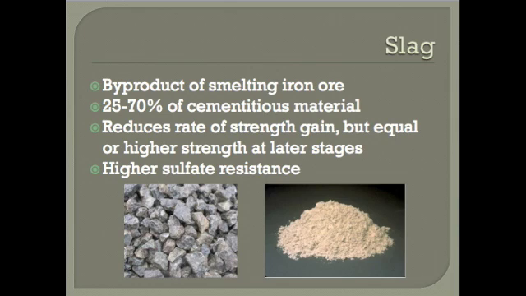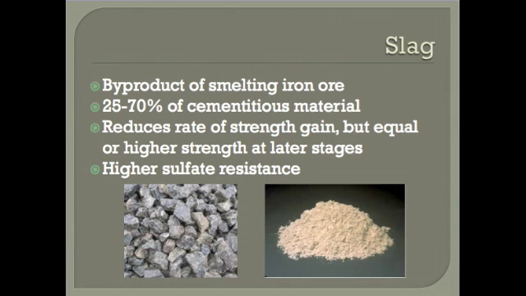Slag can be used in percentages as high as 25 to 70% of the cementitious material. It slows down the rate of strength gain, but results in a higher strength at later stages. Like other SCMs, it decreases permeability of the concrete, which can be a hindrance to pervious pavements.